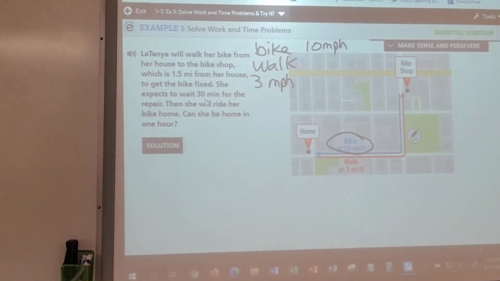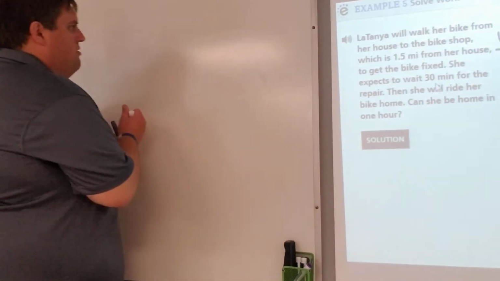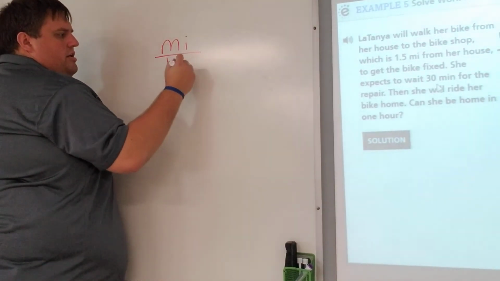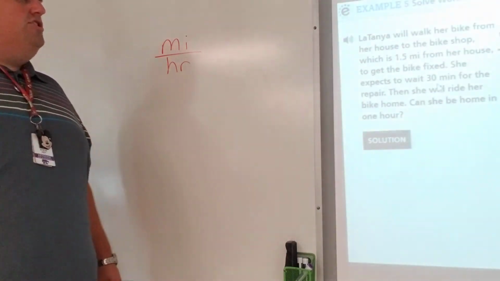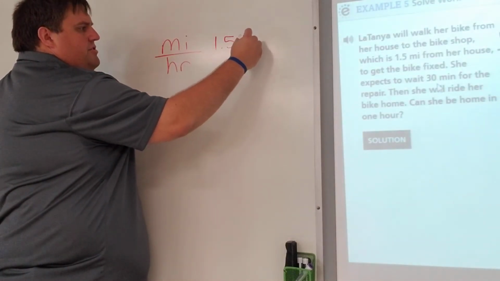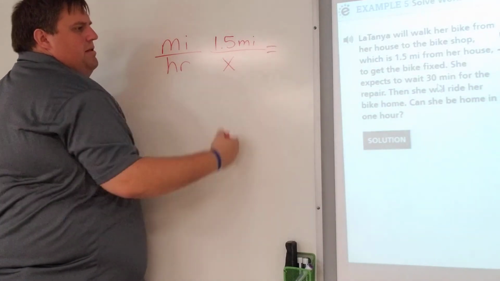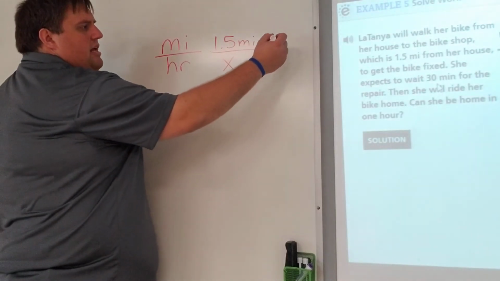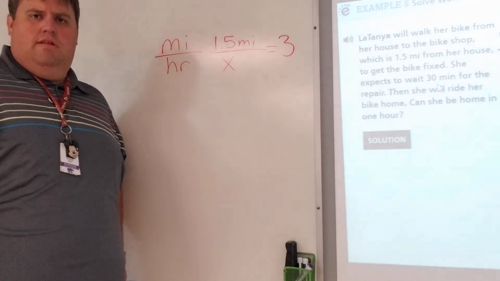So let me do a little sidebar here. When we're talking about miles per hour, anytime you hear per, it is going to be division, right? So if we're saying it's 1.5 miles, we don't know how many hours, but that is going to be her speed of 3 miles per hour, right? To get there.